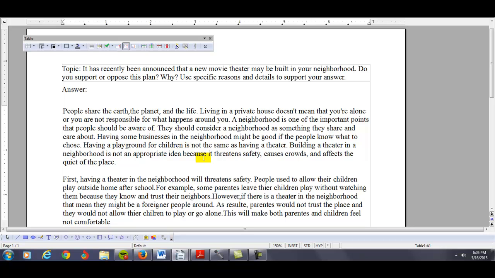Remember here, we're using this, it threatens, causes, and affects. So all three of those verbs need to be in that third person singular inflection there. So building a theater in a neighborhood is not an appropriate idea because it threatens safety, causes crowds, and affects the quietness. I'll give you another word here: the serenity of the place, the peace and tranquility, if you will.